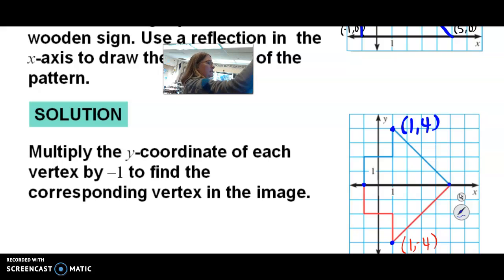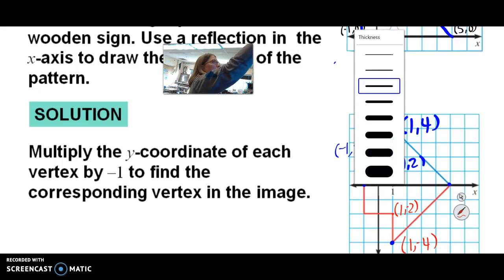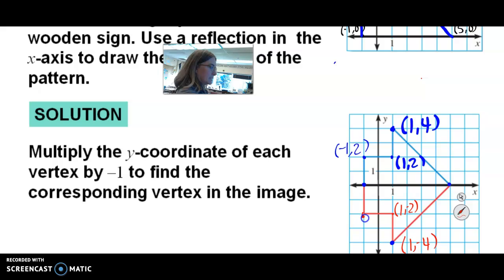Also, let's look at this point right here. This is 1, 2. When you reflect it, it reflects down here to 1, -2. And keep going here. This point is at -1, 2. When we look at the reflection, it's down here.